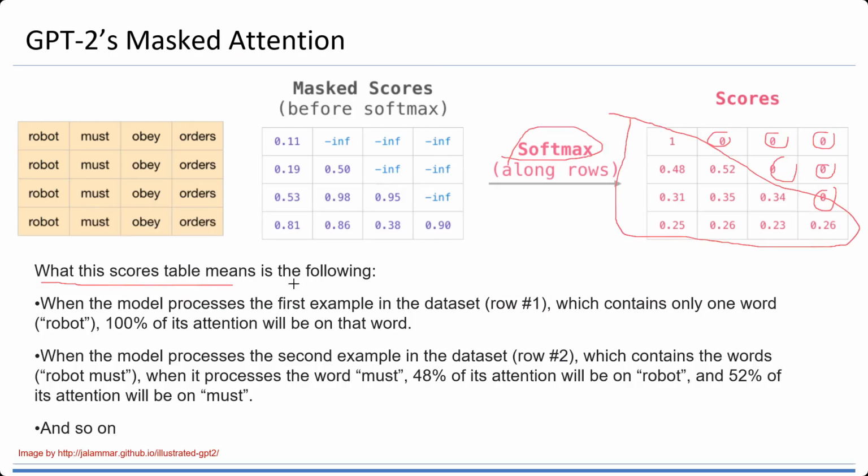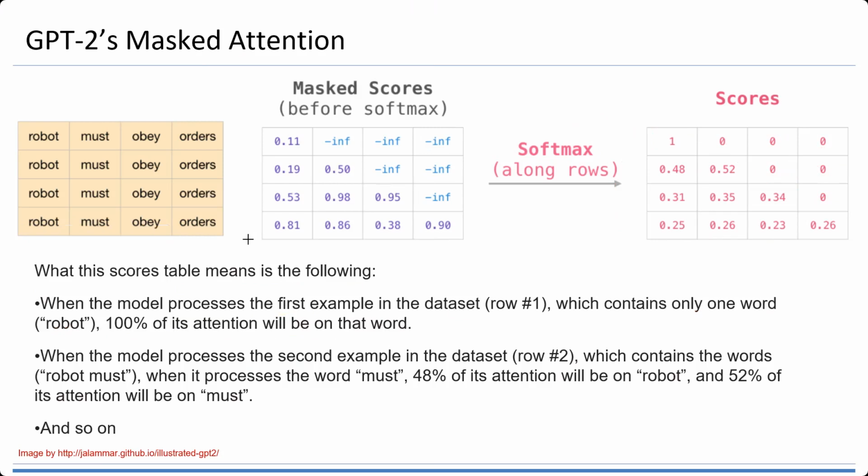What this scores table means is the following. When the model processes the first example in the dataset or the row 1, which contains only one word, robot, 100% of its attention will be on that word. So you can see here, if this is the word robot, then 100% of attention will be on this word.